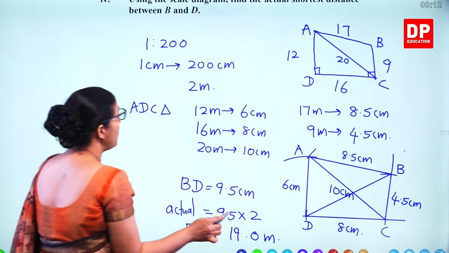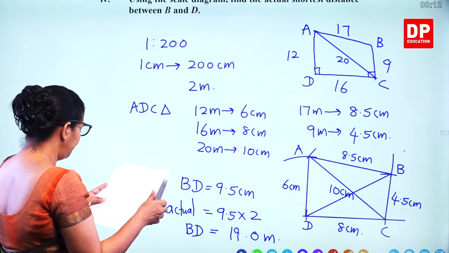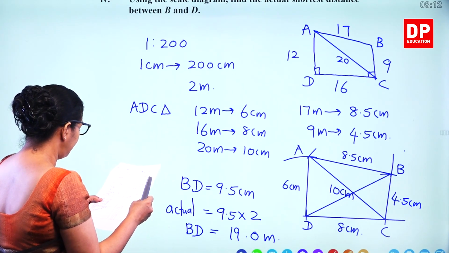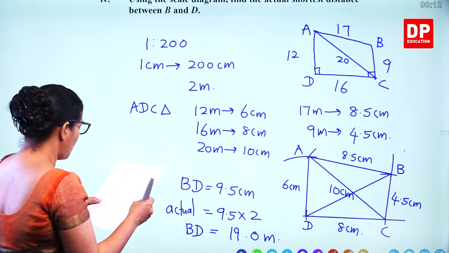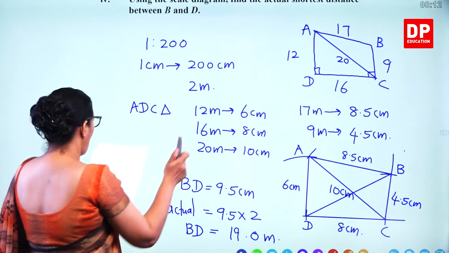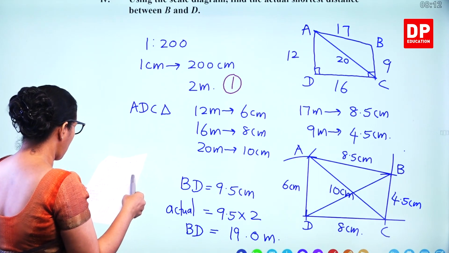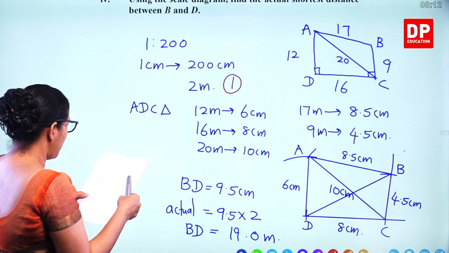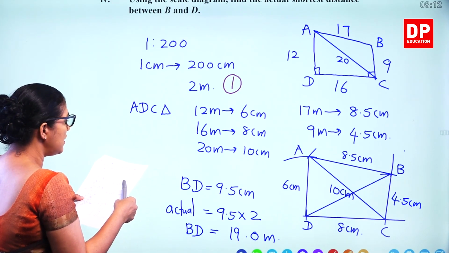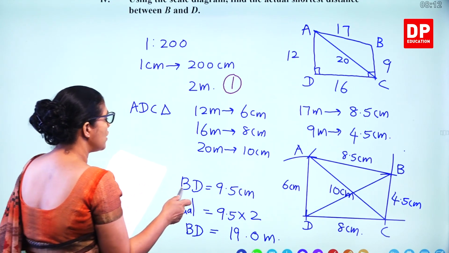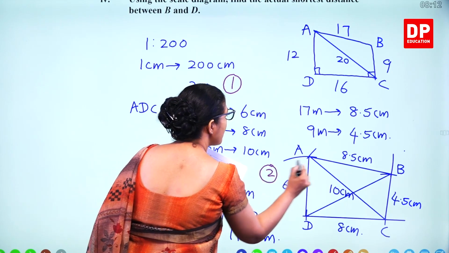So let's see how many marks for the whole thing. For the scale, 1 mark. And drawing the ABC triangle and ADC triangle, 2 each for the scale diagram.